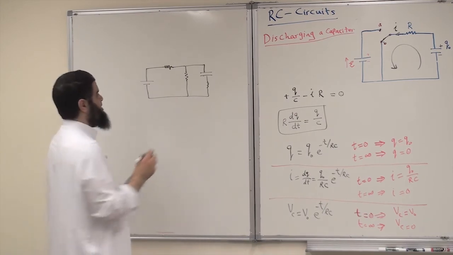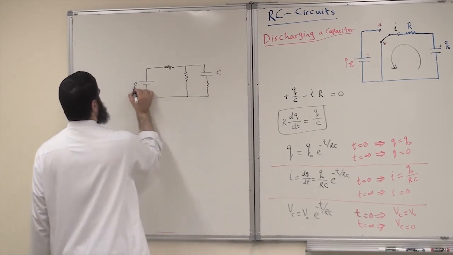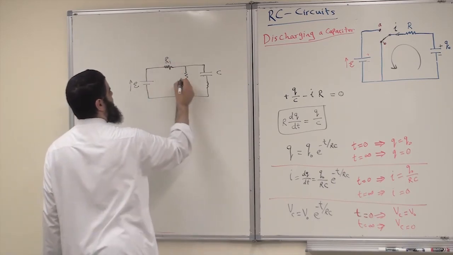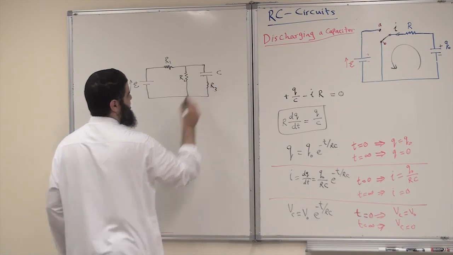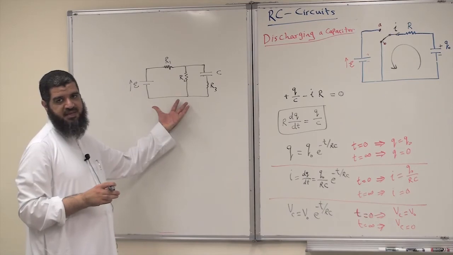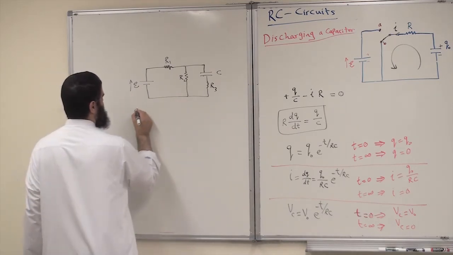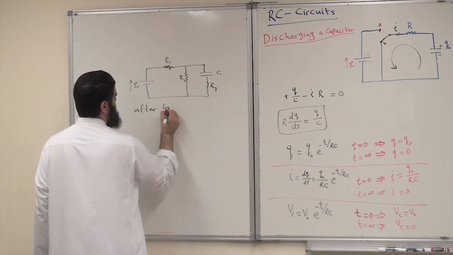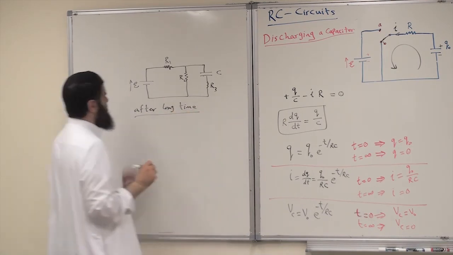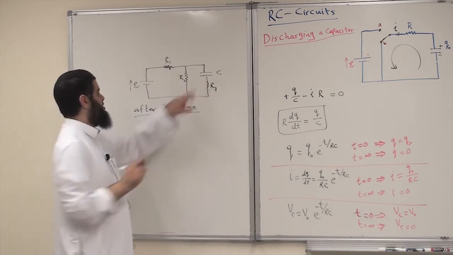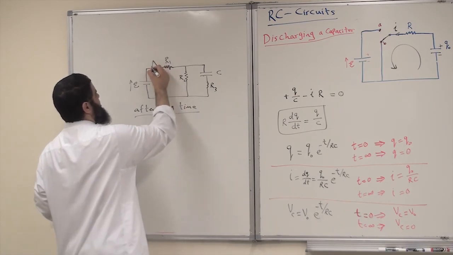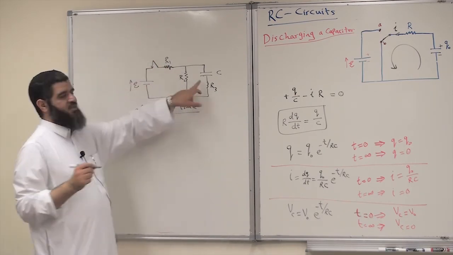So this is the capacitor, this is the EMF device, and these are resistors R1, R2, R3. If you are given this circuit, and it says after a long time, meaning that t equals infinity, what will happen to this capacitor? If we have here a switch, and this switch is closed, and after a long time from closing the switch, what will happen to this capacitor?